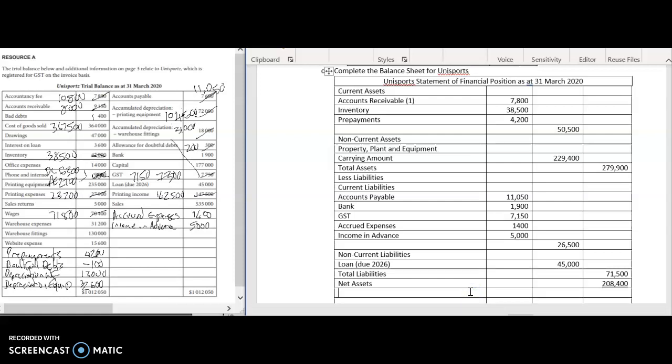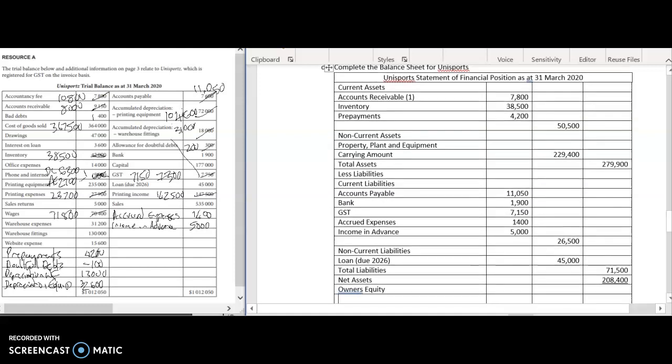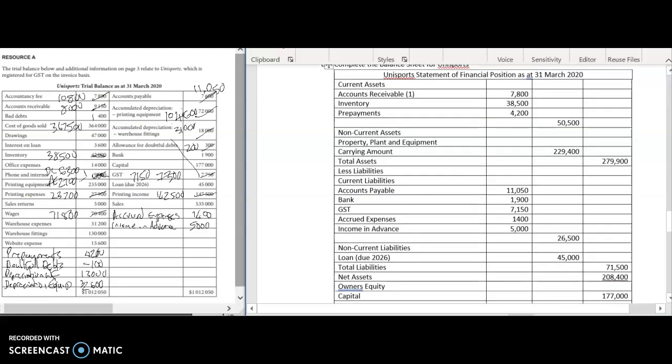So our last part is our equity. And that starts off with our capital figure. So that's this figure over here, at 177,000. That's what the owner's value was at the beginning.